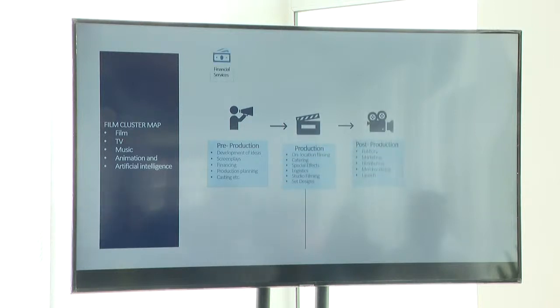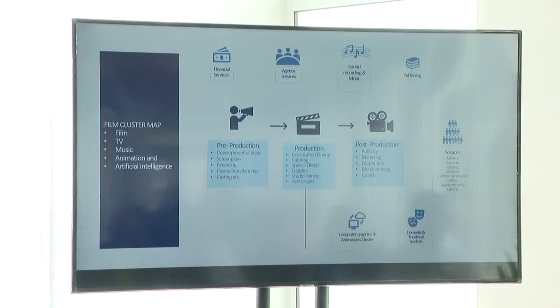So this is just showing me how a film cluster works and the range of activities that are all linked together. So it's mainly driven by the production facilities. You have production, pre-production, post-production, but supporting all of that activities is a range of smaller activities.